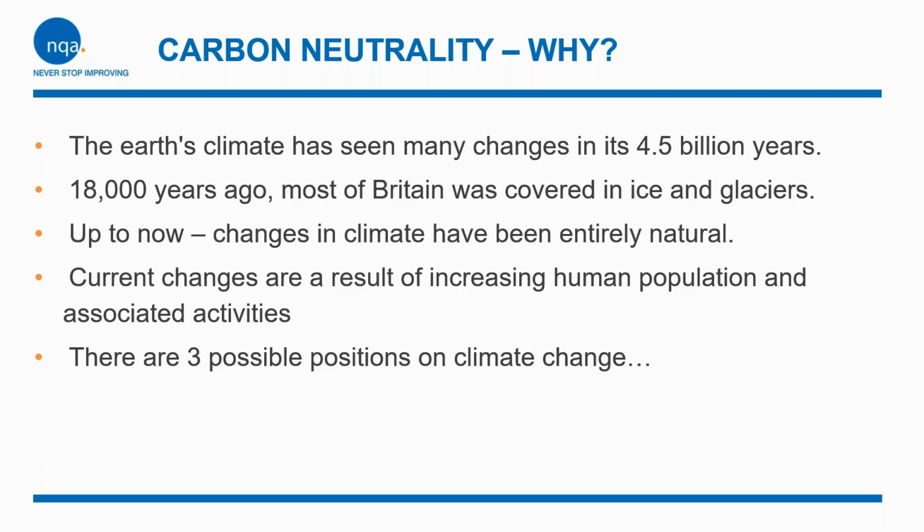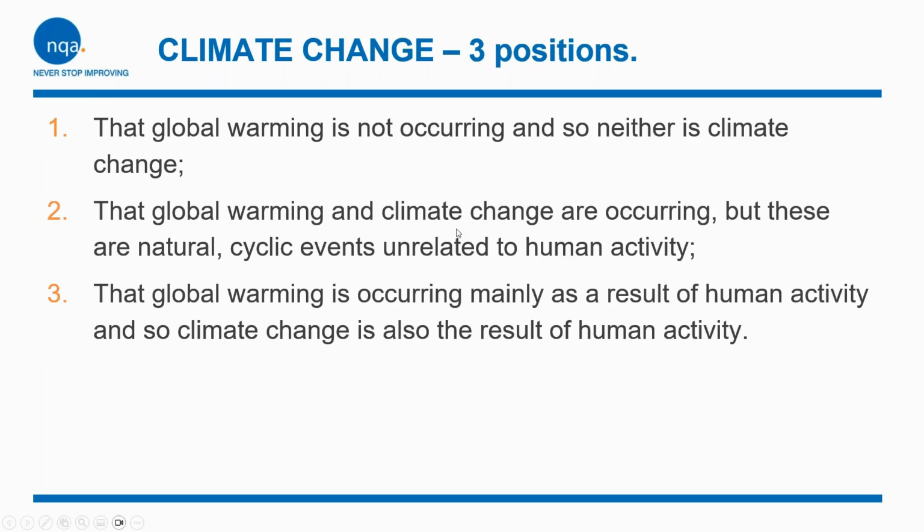However, as I speak to people, as I interact with people through audits and in my daily life, I come across probably three possible positions. You've got the true climate change deniers: that global warming is not occurring, and so neither is climate change. So nothing to worry about, guys. We're just carrying on as we are, and it's all entirely natural. Then, that global warming and climate change are occurring, and I think that's fairly obvious. We do see changes in the weather patterns, but these are natural cyclic events completely unrelated to human activity.